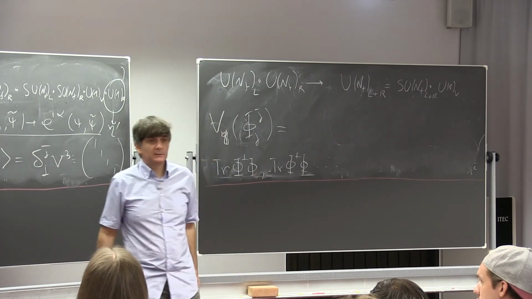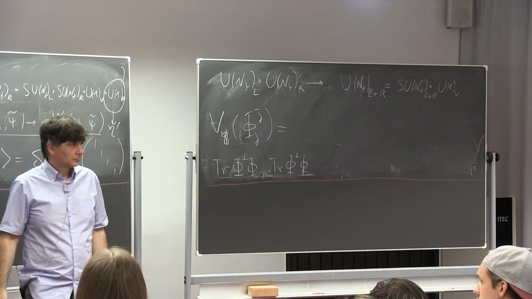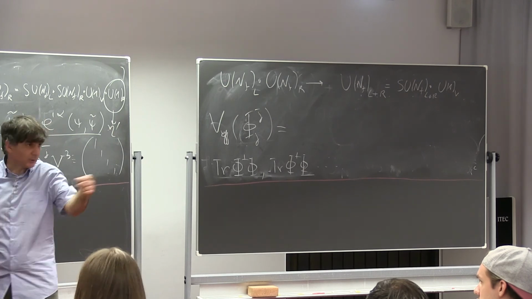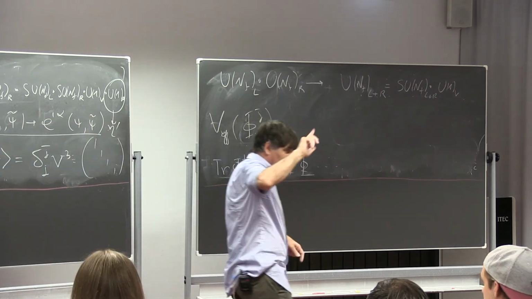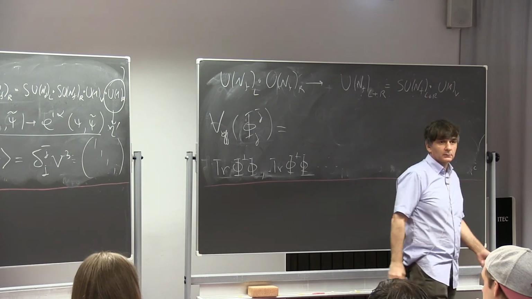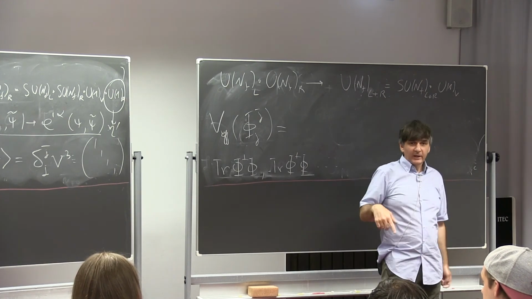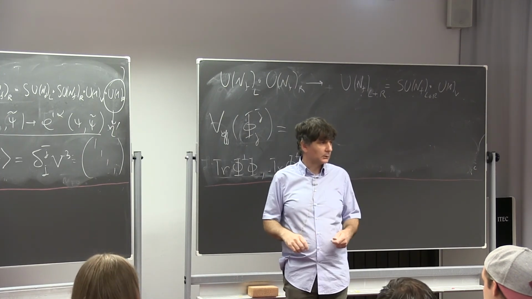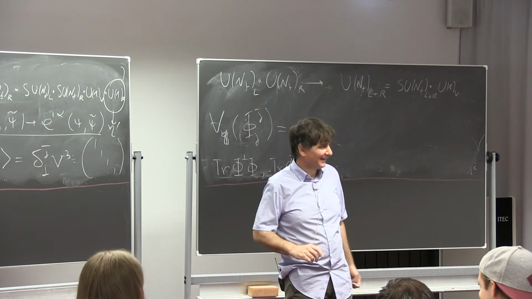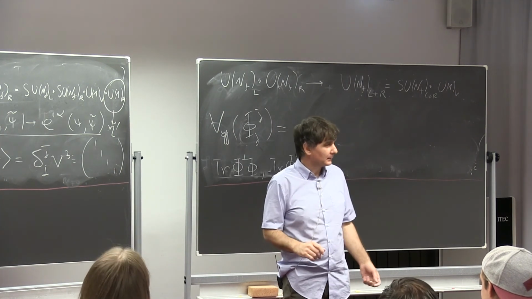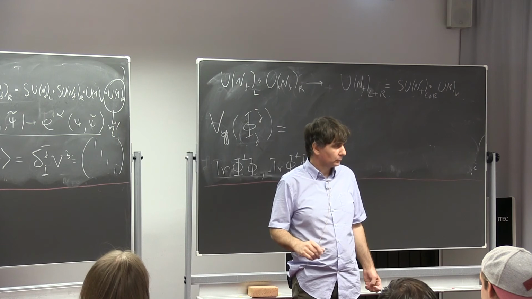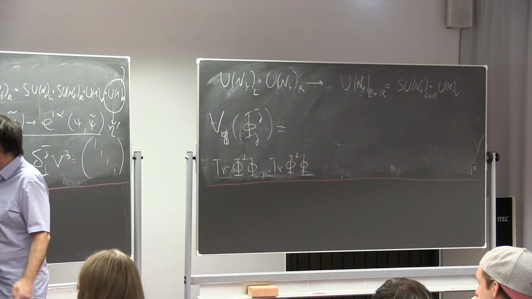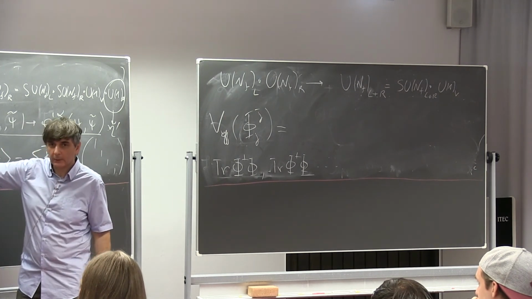Who remembers what this discrete subgroup is? It depends on the number of flavors. I'm sure you heard it in the axion lectures, because it also enters in the axion potential. There are N_F flavors. It's always Z something. Z_{2N_F} or something like that. So there is an anomaly-free subgroup, Z_{N_F}.